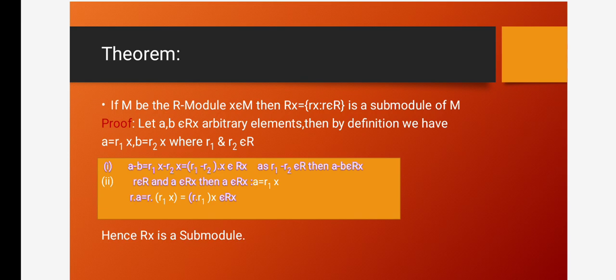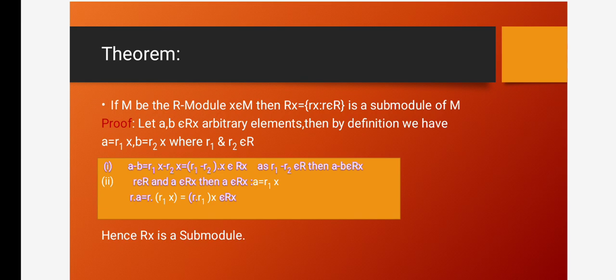Put in the values a equal to r1 x and b equal to r2 x. Because r1 and r2 are members of the ring, we have (r1 minus r2) dot x, which also belongs to R dot x. Then a minus b belongs to R dot x.